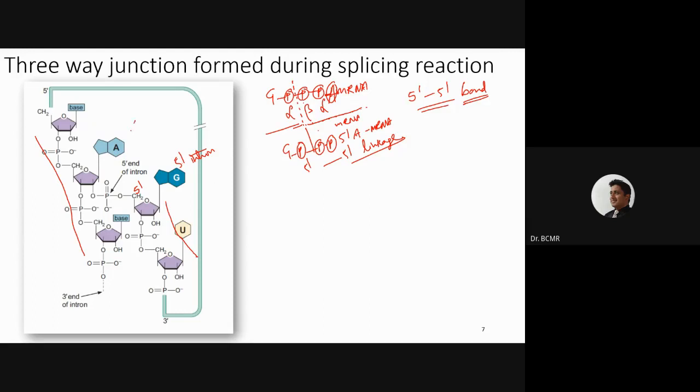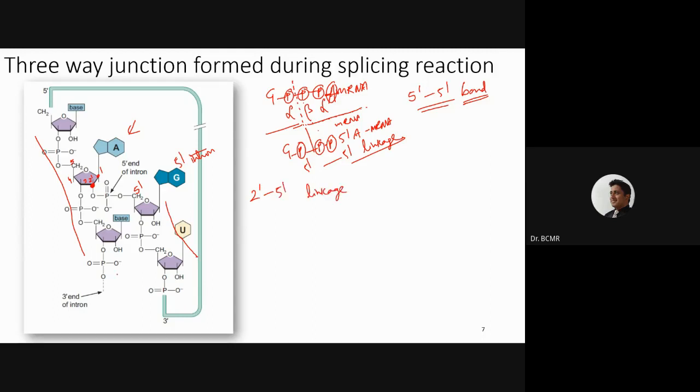The linkage is here. This carbon would be 1, 2, 3, 4, and 5. Where is it linked to? It is linked to the 2'. So that linkage at the Y junction, you can call a 2', 5' linkage.